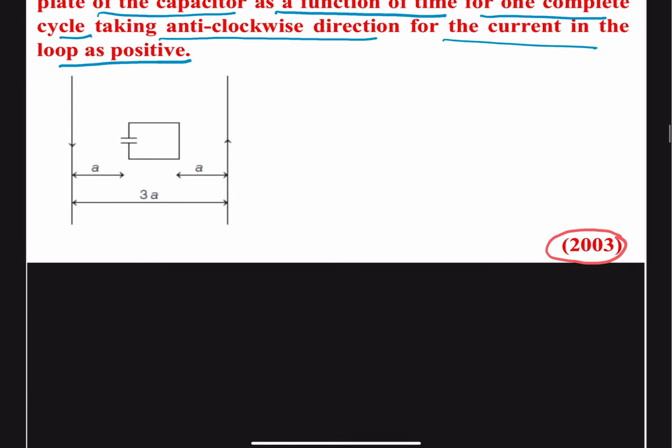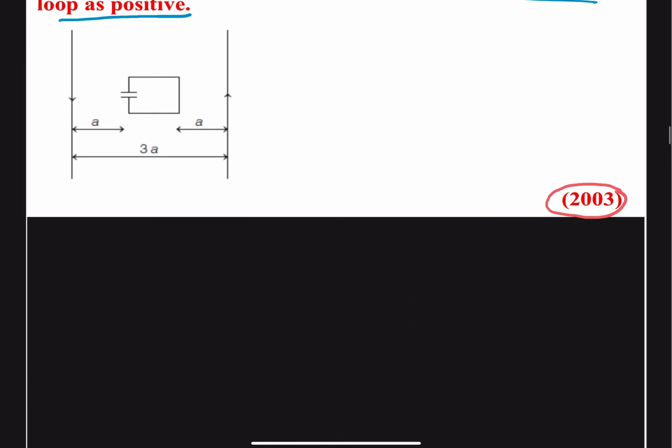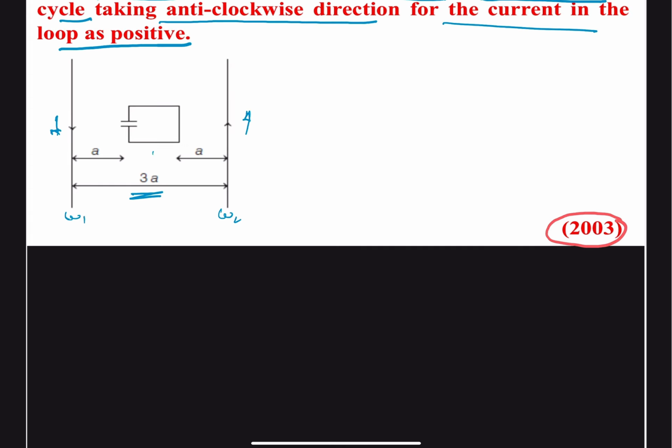So we have two wires. Let us call them wire 1 and wire 2. Both are carrying the same current, but the directions are opposite to each other. The distance between the two wires is 3a, and between the wires we have a square loop whose dimension is given as a. It is placed equidistant from both of the parallel wires.